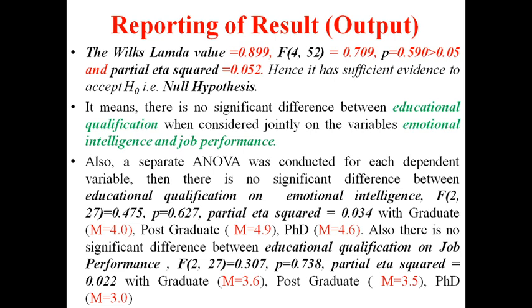The work performance mean value for graduate is 3.6, postgraduate is 3.5, and PhD is 3. Here also you can see that a certain difference is there, 3.6, 3.5 and 3.0, but there is no significant difference. So we can conclude there is no significant difference between educational qualifications when considered jointly on the variables emotional intelligence and job performance. So that's it for one-way MANOVA.